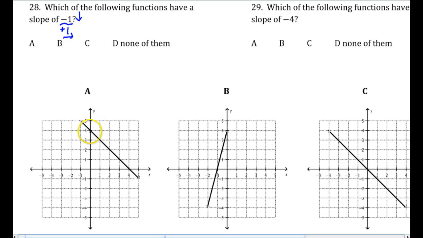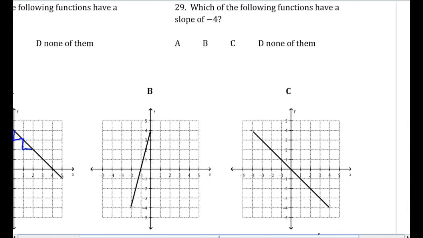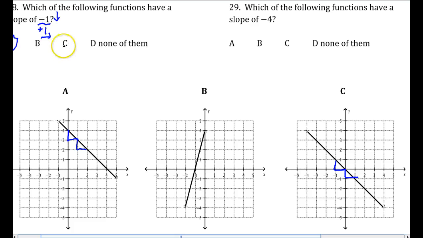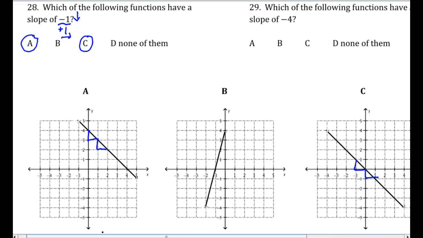It looks like A goes down 1, right 1. That would be the first one. B is positive since it's going up, so that can't be it. C is going down 1, right 1 as well. So A and C are both a slope of negative 1.